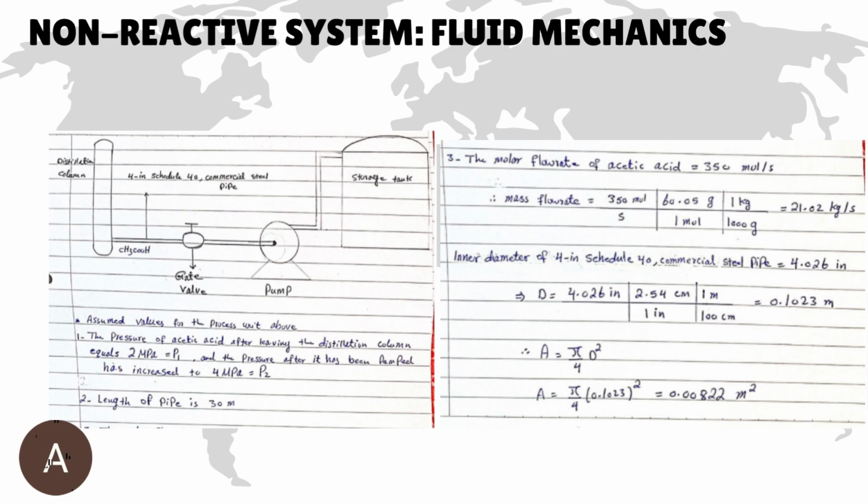For example, the flow is steady, we have constant velocity incompressible fluid, delta V is 0 because it's constant throughout the pipe, and work turbine is 0 because there is no turbine used in our process. And from there we calculated the work of the pump, and then the actual work of the pump, and then finally the power consumed by the pump.